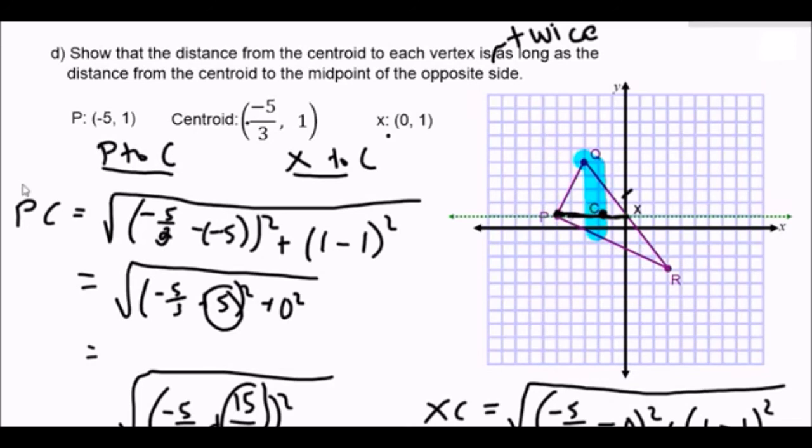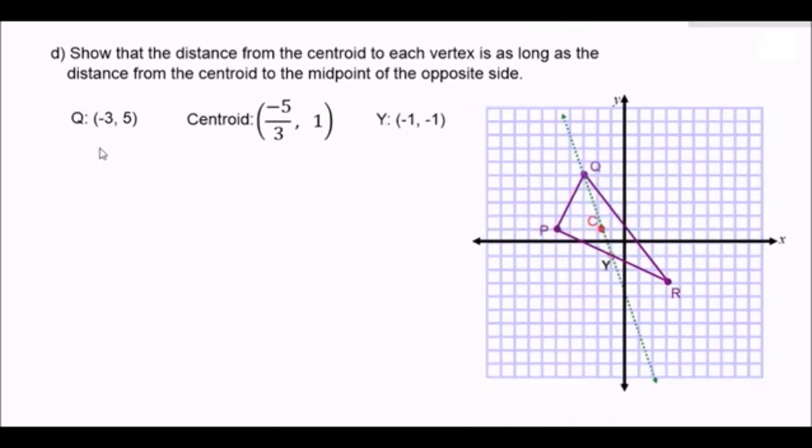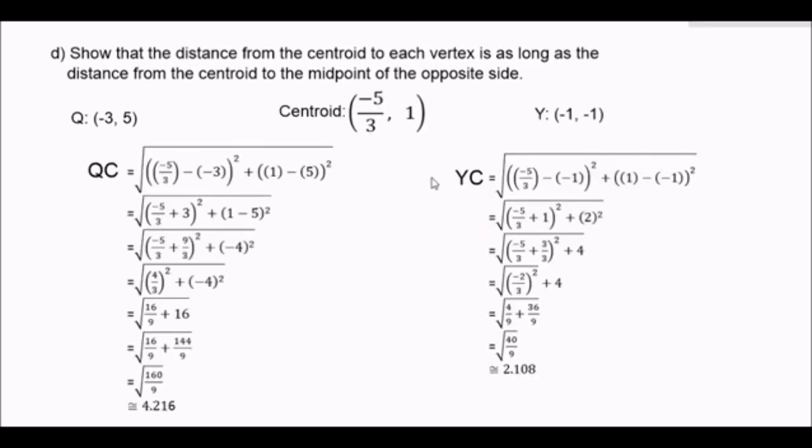So it's basically the same process. So instead of actually going through all the steps with you, I'm just going to show it to you, and you can press pause if you want. But again, here's what I'm doing. I need to show that the distance from Q to C is twice the distance from C to Y. It looks like it, but let's look at the math.